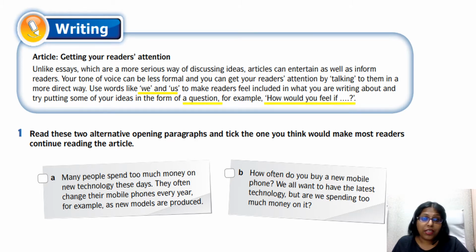They often change their mobile phones every year, for example, as new models are produced. That is A. Let's look at B. How often do you buy a new mobile phone? We all want to have the latest technology, but are we spending too much money on it?